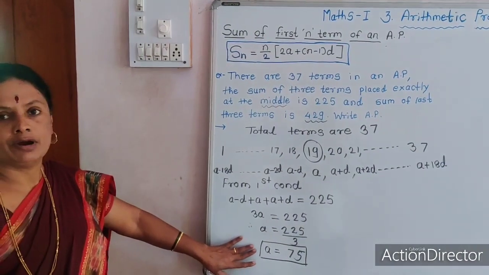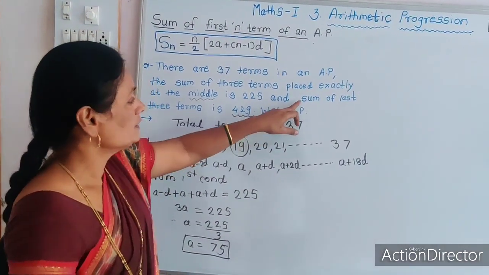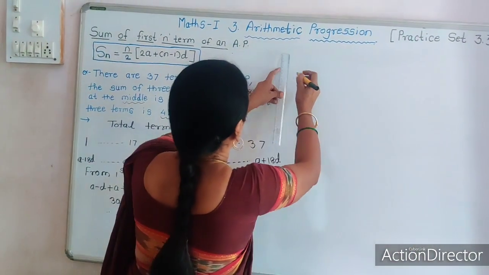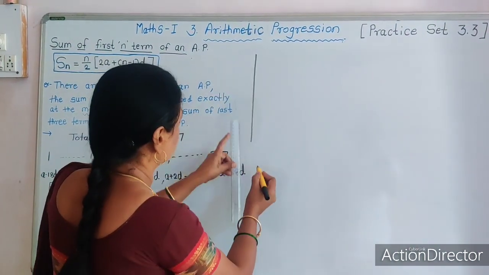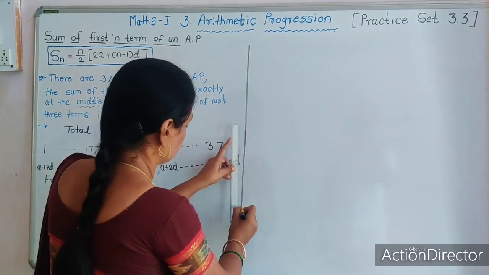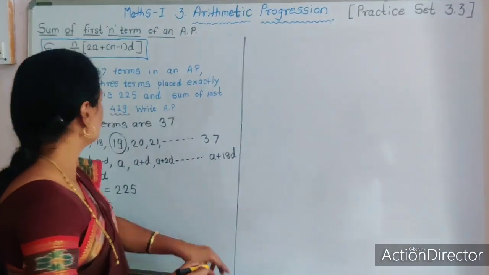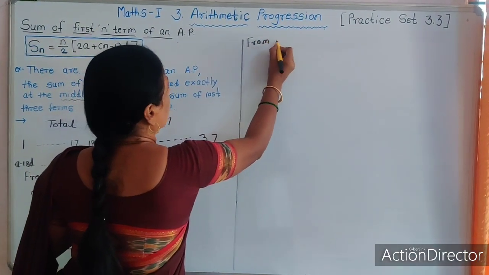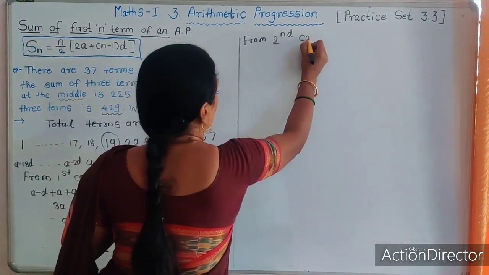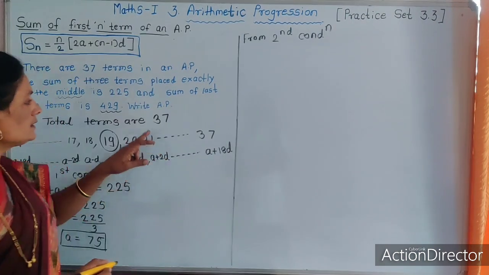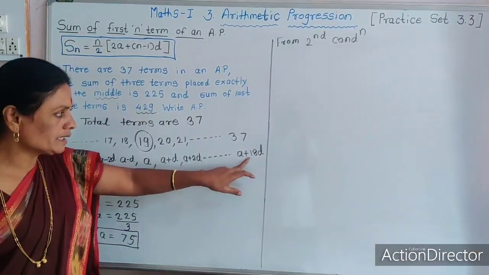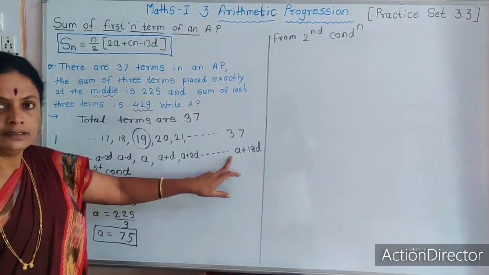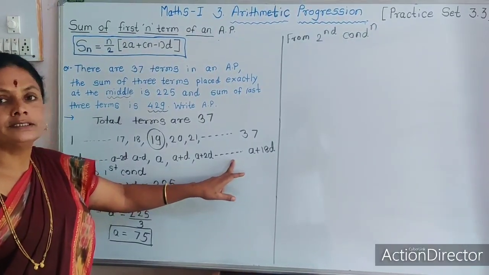Now we have to find the value of D from the second condition. From the second condition, the sum of the last three terms: the last term is A plus 18D, the previous term is A plus 17D, and another term is A plus 16D.